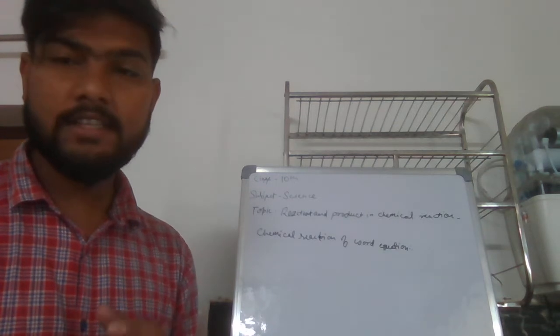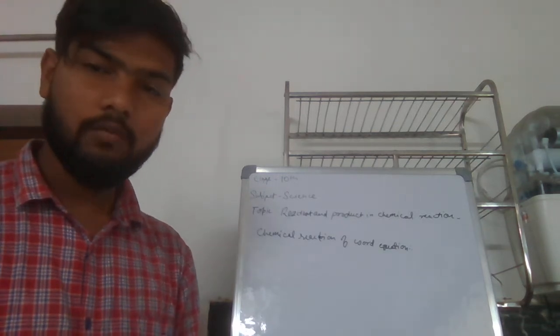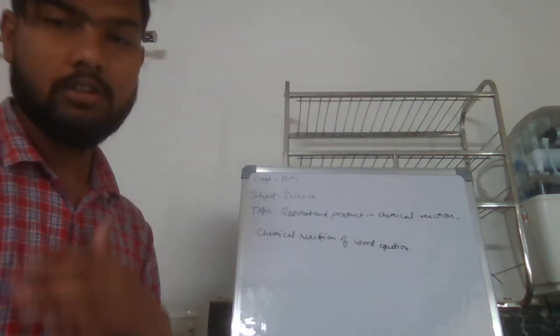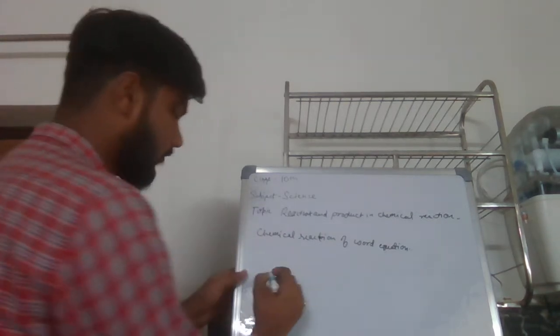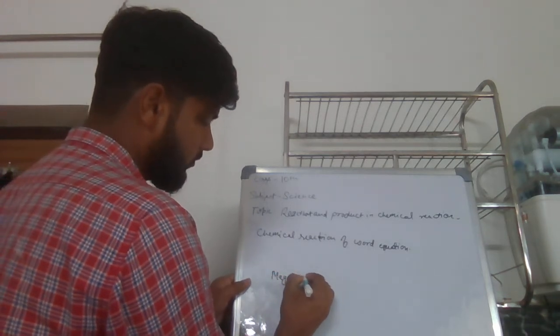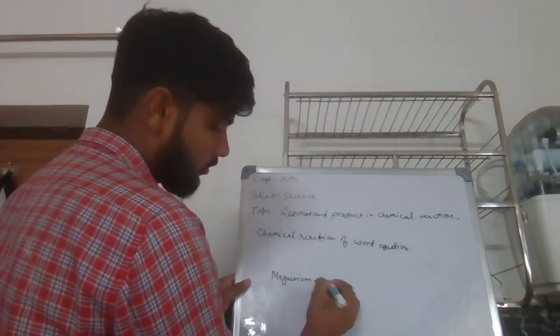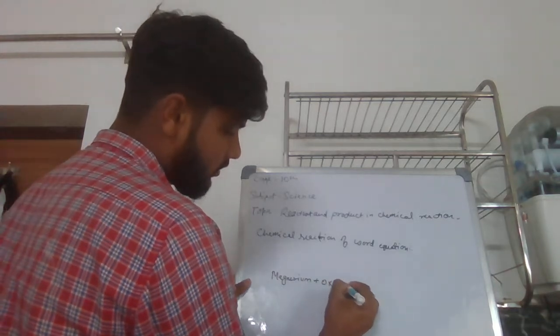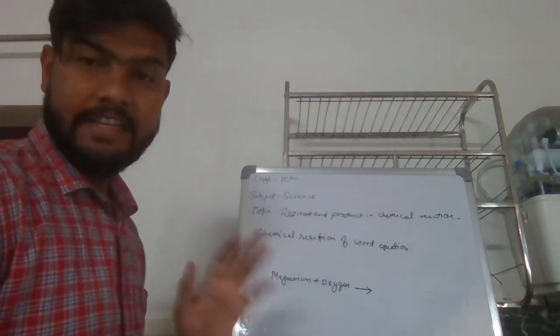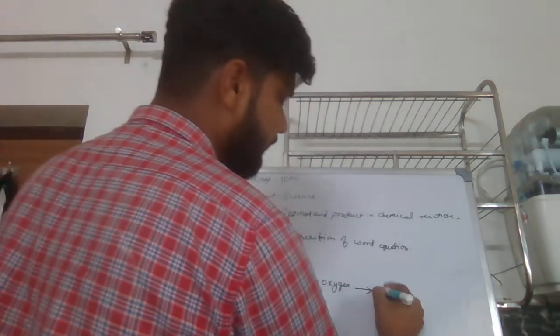So the word equation of the activity 1.1 reaction would be magnesium plus oxygen reacts to give magnesium oxide.